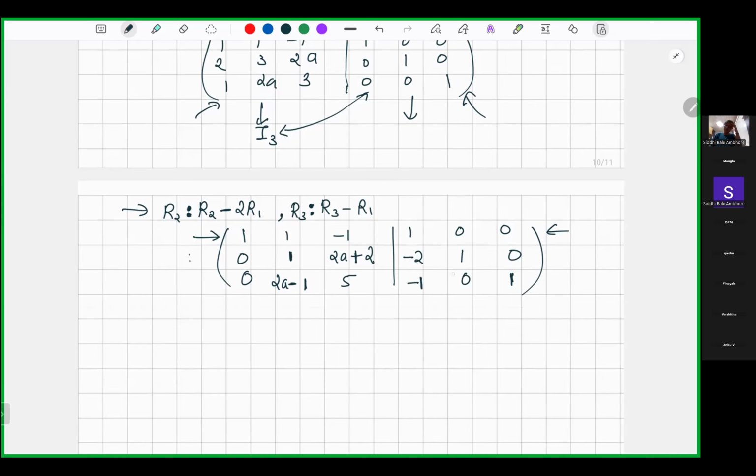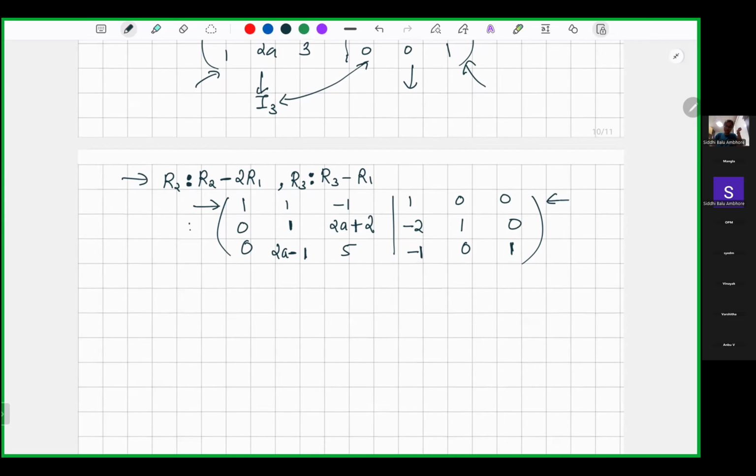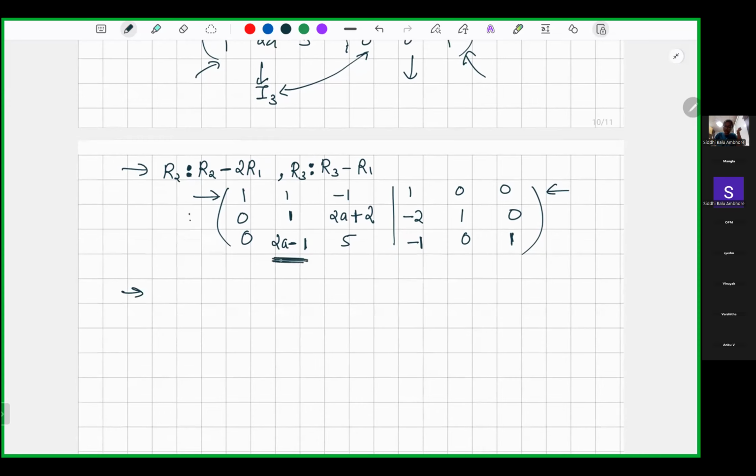Note that I now no more use the first row here. Now what I will do is make this 0. Let us make this one 0 first.